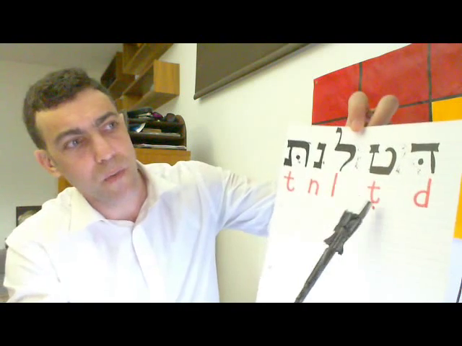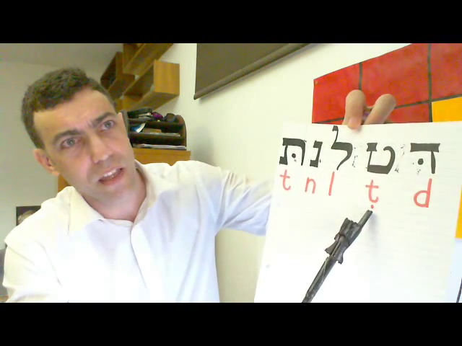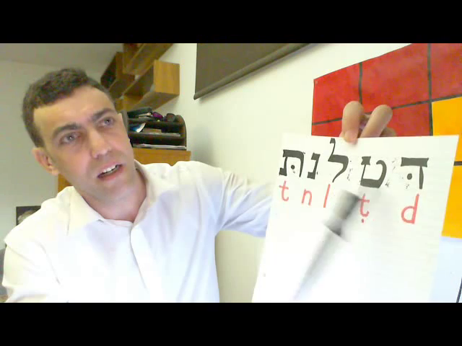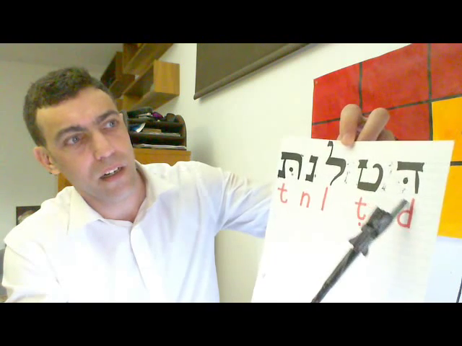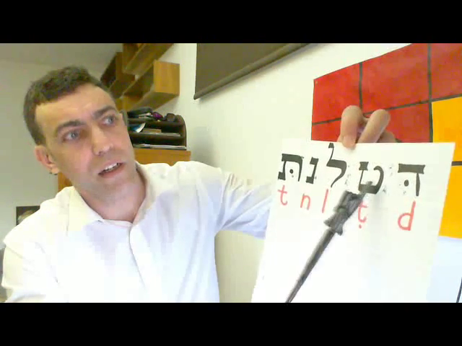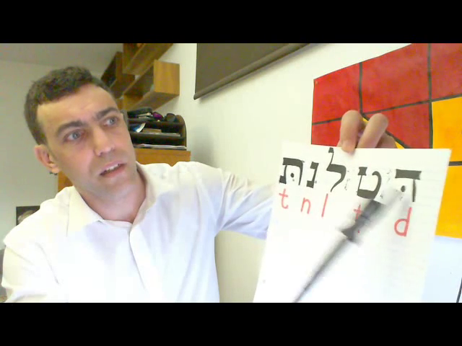It's not where our normal T is, which is towards the back of our teeth. So we have it here, and we transliterate it with a T and a dot underneath it.